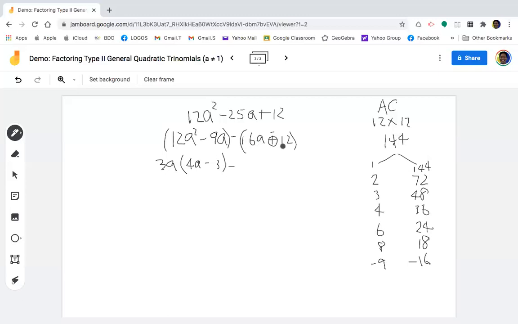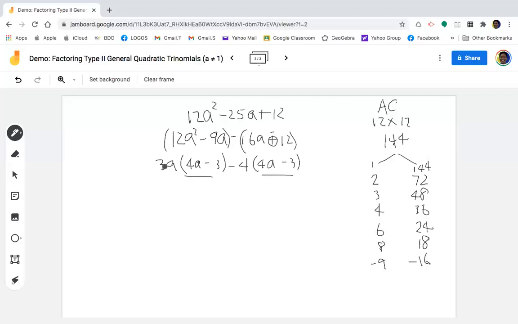Here we have the factor 4. That's the common factor. And then we get 4 times a minus 3. Now again, as in the previous problem, you'll notice that we have a common binomial which we can factor out.